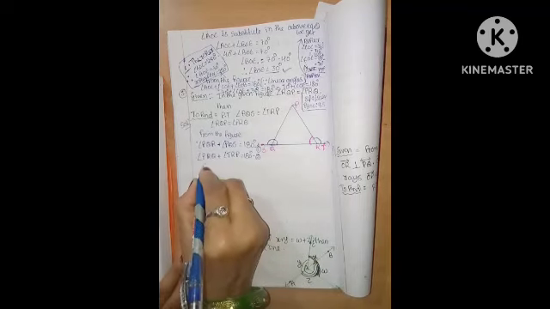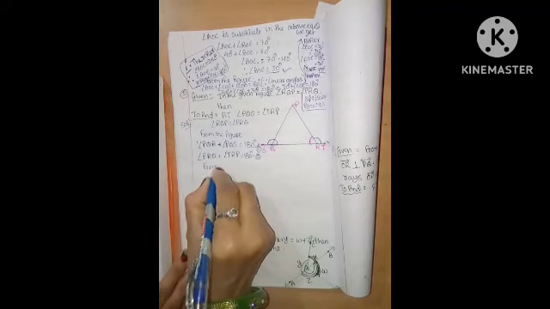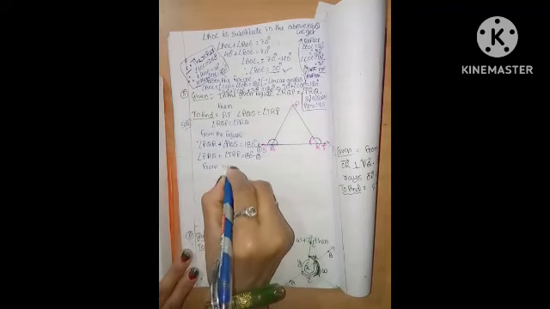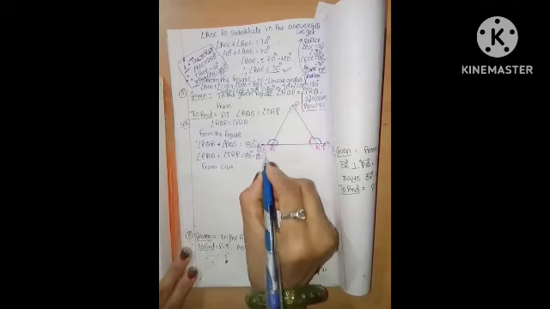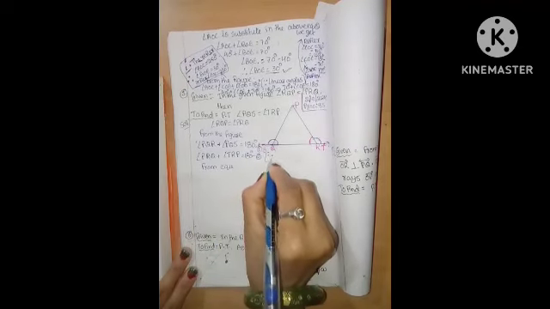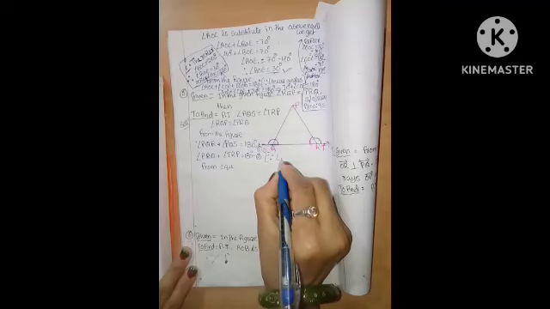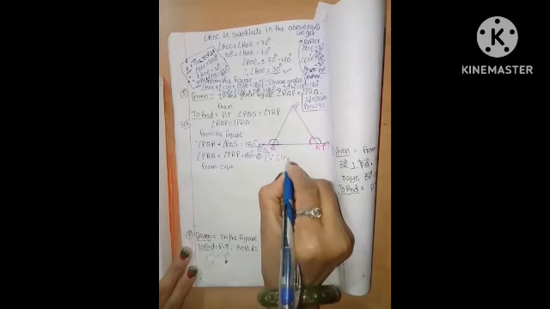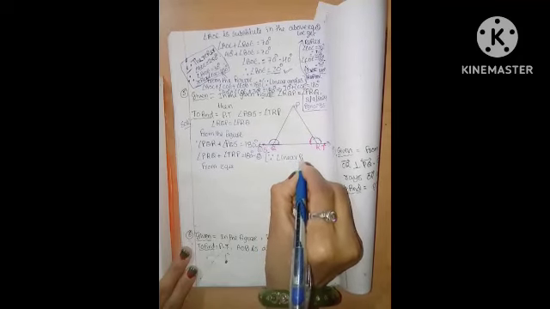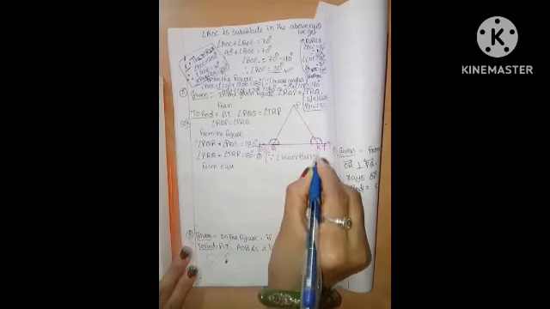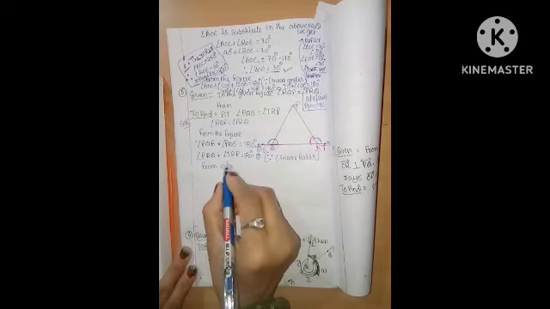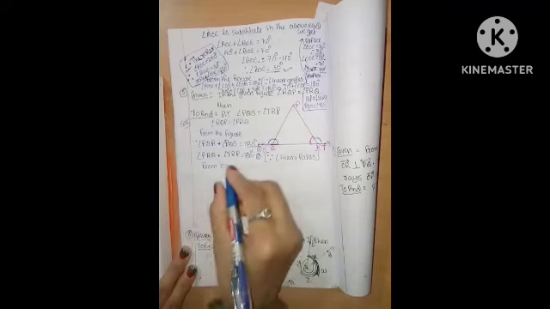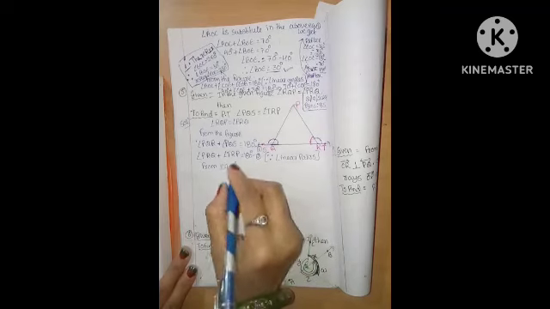So from equations 1 and 2, why is it 180 degrees? These two are linear pairs, so the sum of these two is equal to 180 degrees.